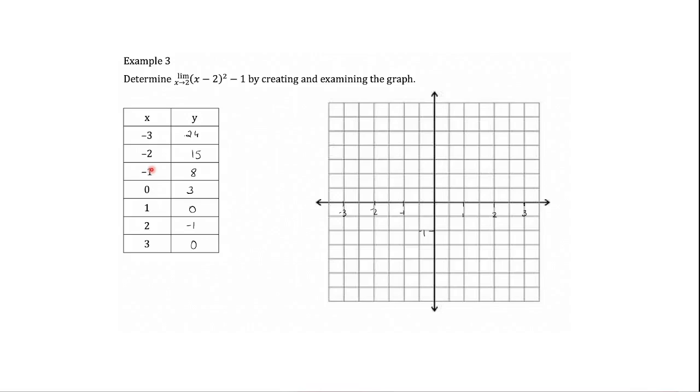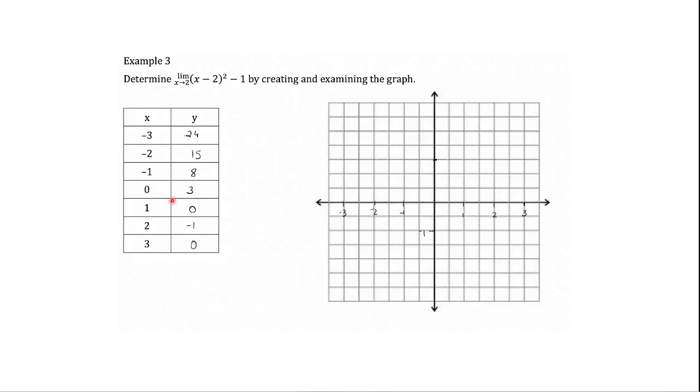And so when x is equal to negative 3, y is going to be equal to 24. I'm not going to include that in the drawing. Negative 2, 15. Negative 1, 8. That's also going to be outside of the diagram here. But when x is equal to 0, y is equal to 3. We can definitely do that. 1, 2, 3.